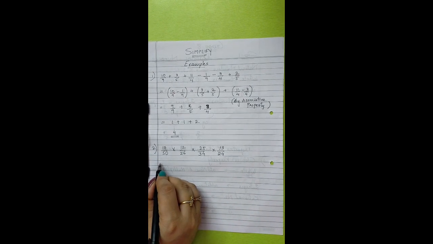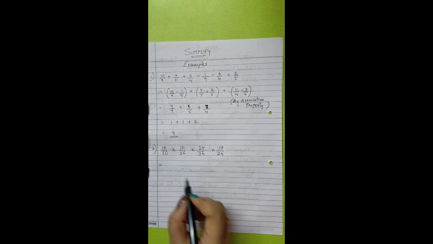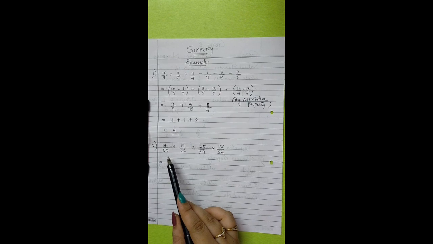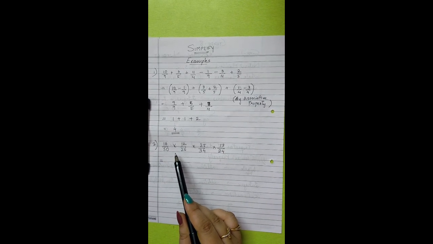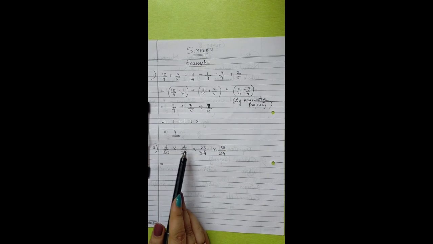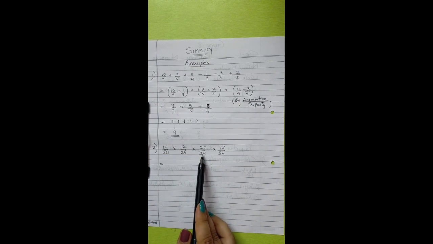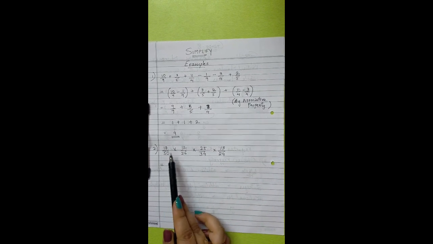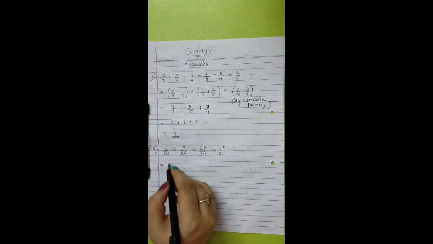Now looking at these numbers, again here we will be using associative property. We will be changing the position of numbers. How will we change the position of numbers? See, 17 upon 50. Is there any number having a multiple of 17? Yes, here. 17 twos are 34. So we will be taking these two numbers together and these two together.